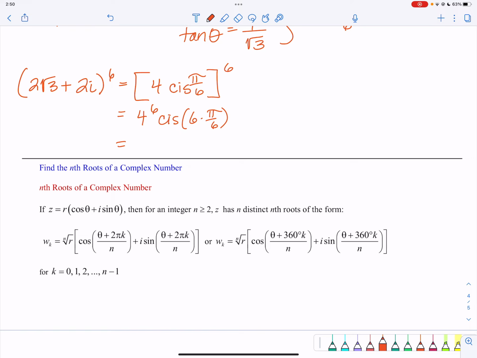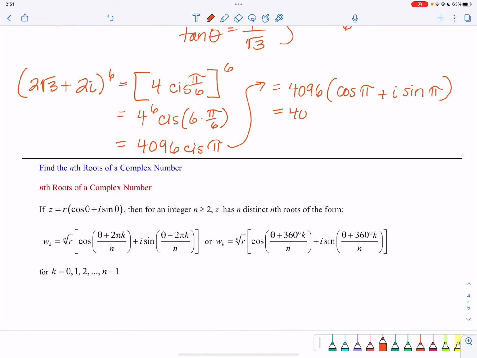And that's equal to 4096 cis pi. And we can also write that as 4096 multiplied by the cosine of pi plus I sine of pi. And of course, we can find those values. The cosine of pi is -1, plus 0I. And we come up with -4096.